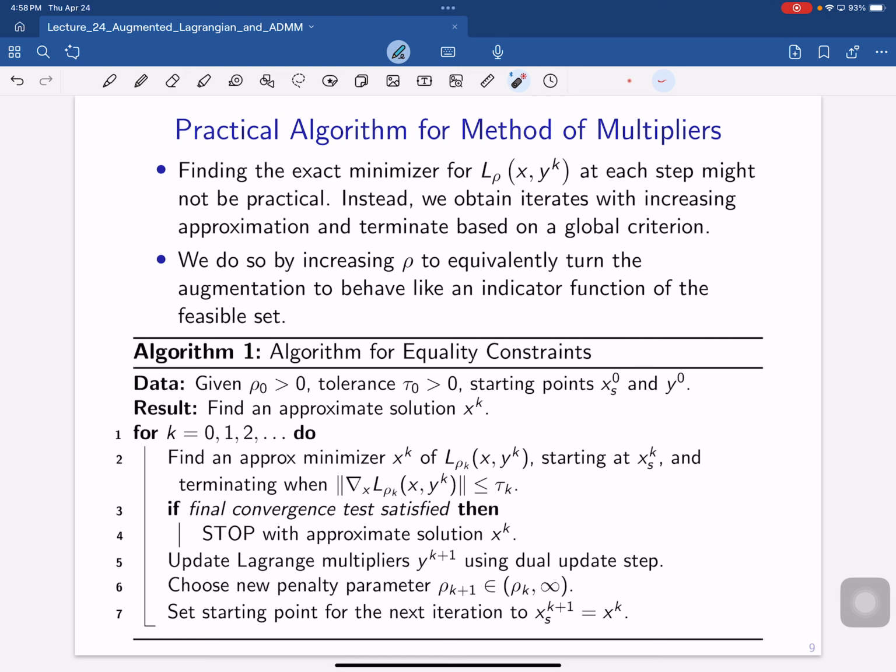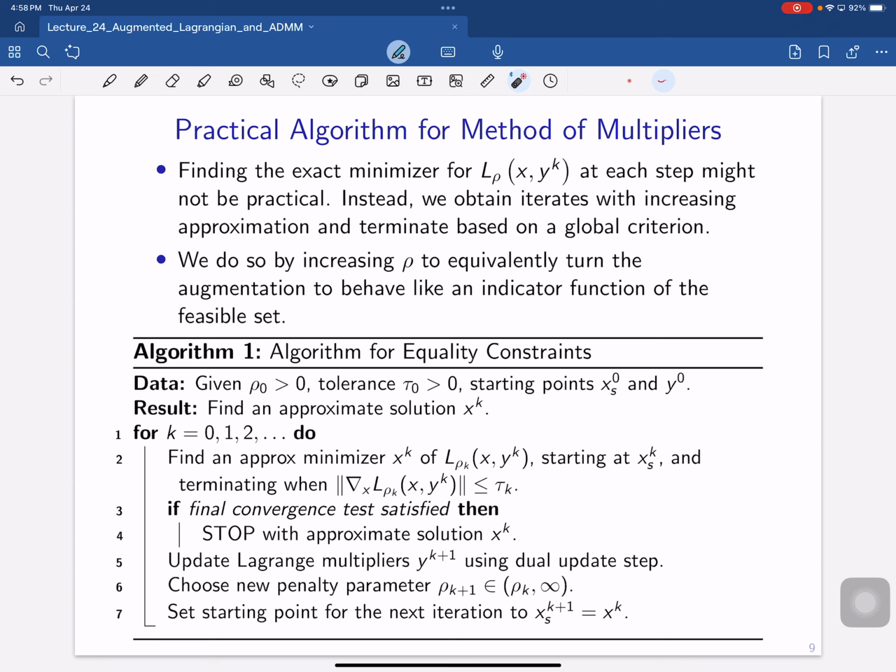So that's why what you would usually do is to gradually increase the number rho from some small value, where you first try to balance optimality. Then as the algorithm gets close to convergence, you try to balance feasibility. So here is the step.